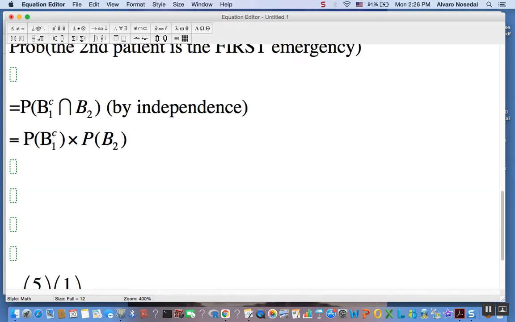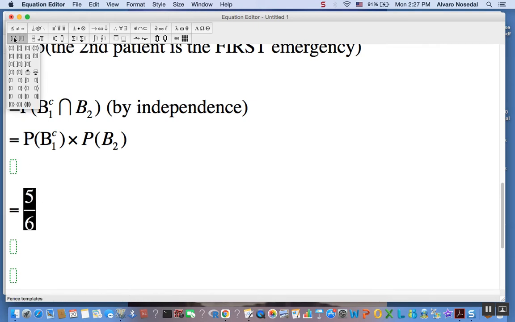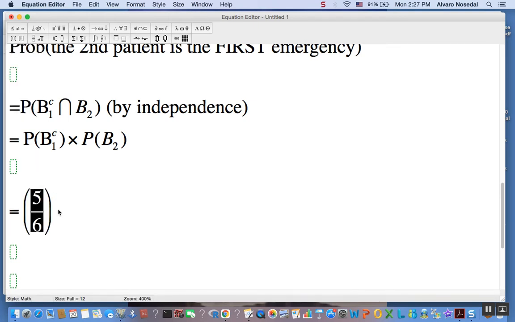Let me write it down like this. 5 over 6 times 1 over 6.